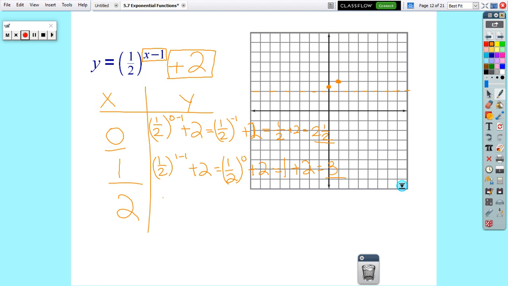And if we plug 2 in, we get 1/2 to the 2 minus 1 plus 2, which is 1/2 to the first power plus 2.